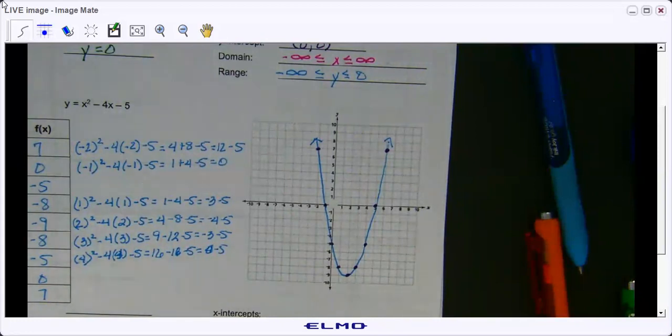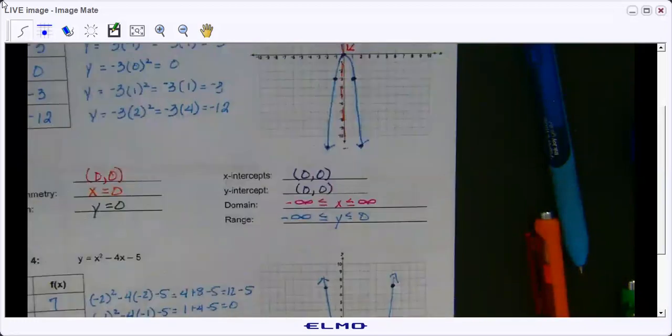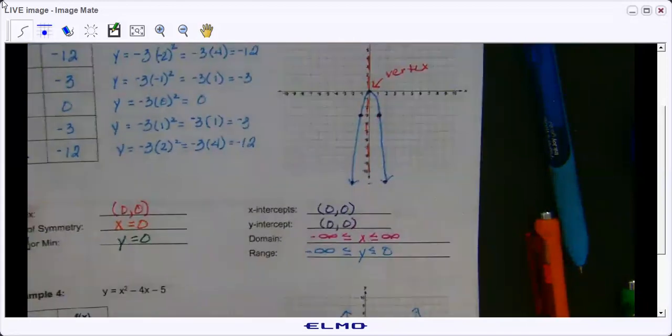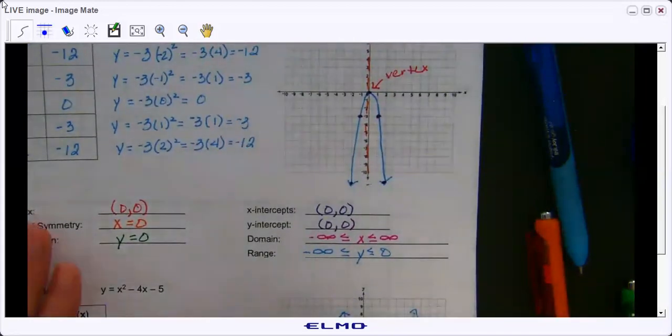So my question is, how can we find an easier way to locate that vertex so that we don't have to go through all this work? And I'm going to show you right now. There is a formula. And I'm going to write this up here.